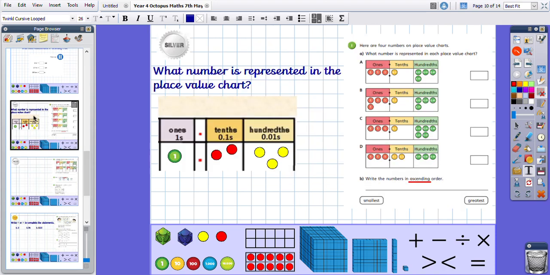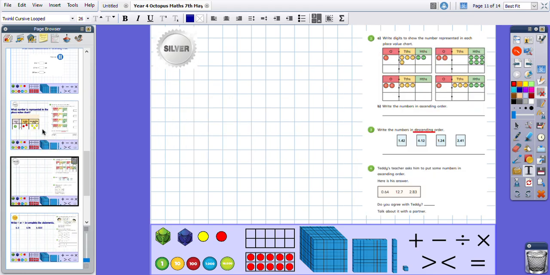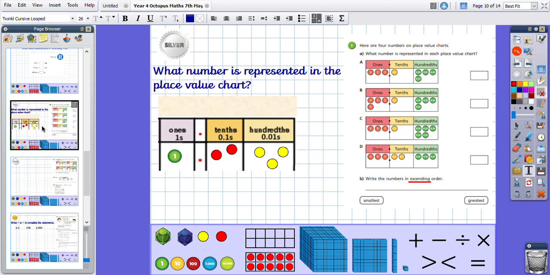Okay, so Silver, today you are completing questions 1, 2, 3 and 4. You will have numbers which ask you to look at place value counters in your place value grid, something that we are very used to now. So an example might be, what number is represented in the place value chart? Well, I have 1 whole, I have 2 tenths, and I have 3 hundredths.